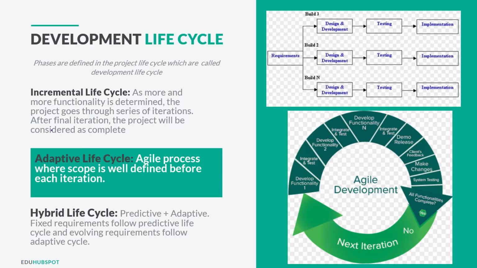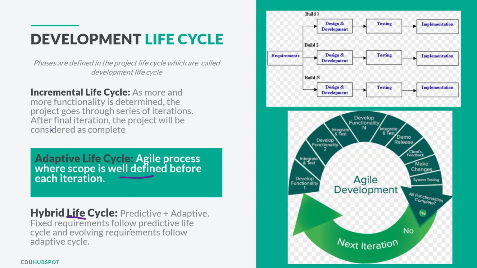Okay. Now let's see the adaptive life cycle. The adaptive life cycle is an agile process where scope is well defined before each iteration. So before I move into the iteration, I would say, okay, these are the things which I will do. Once that is finished, I'll move to the next. That's your adaptive. Agile is one of the examples of adaptive, very popularly known.